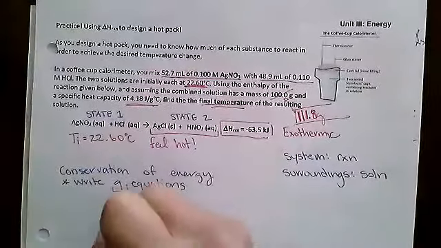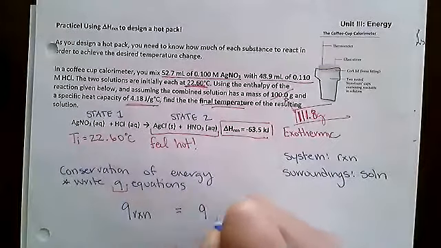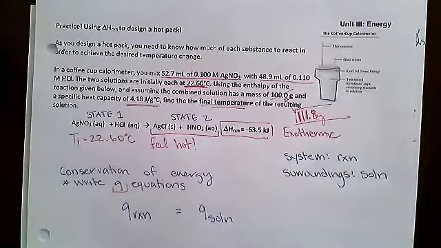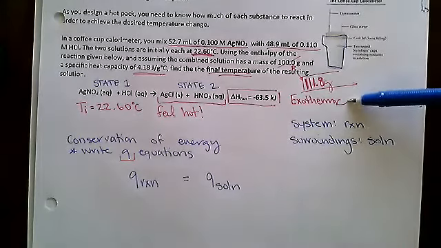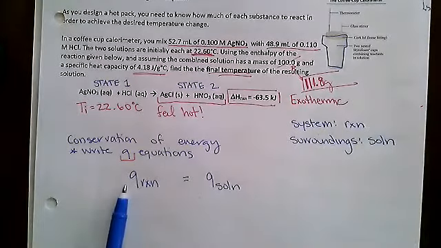So how do I set up my Q equations here? I'm going to have heat of the reaction and heat of the solution. What is losing heat and what is gaining heat is a question you have to ask yourself. And since we said that the reaction's exothermic, what should the sign be here?